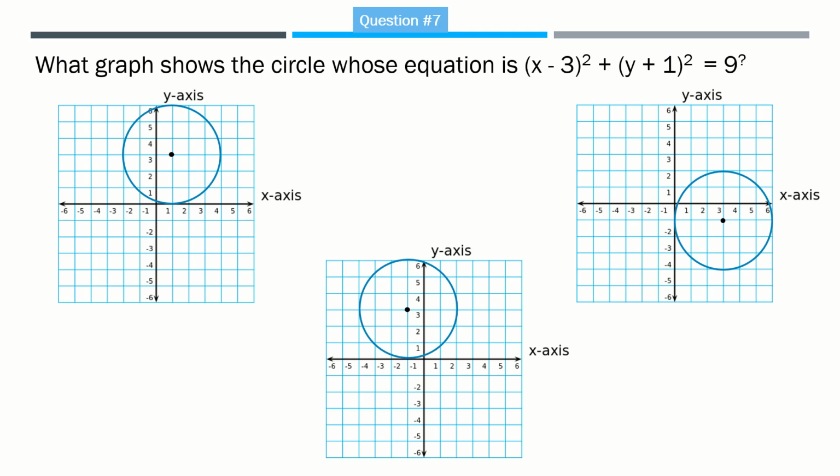All right, for question number 7, we want to know what graph shows the circle whose equation is x minus 3 squared plus y plus 1 squared equals 9. I'm going to start by pulling out the center. The center is going to be 3, -1.